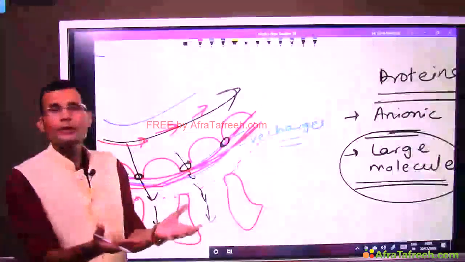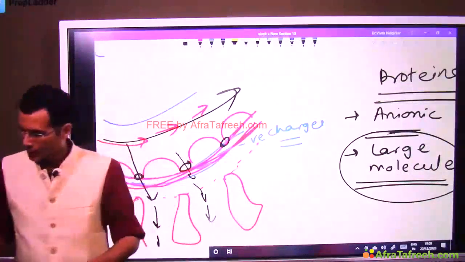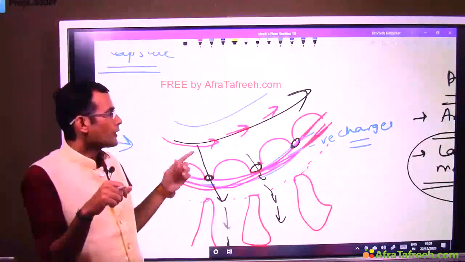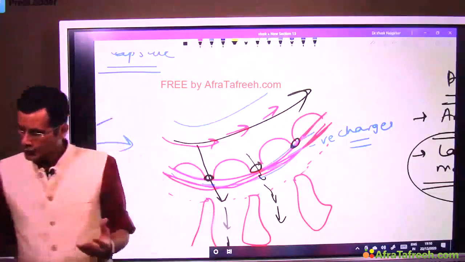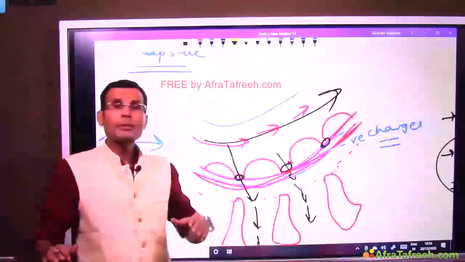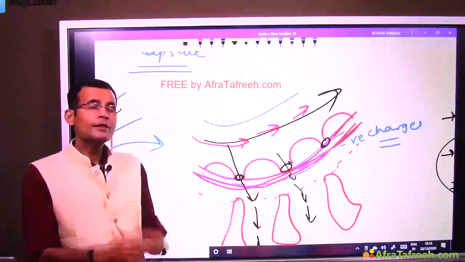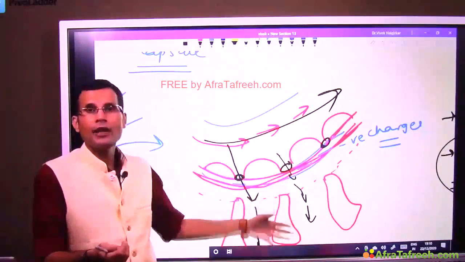That's how the proteins are not filtered, because of this filtration barrier. So that's one thing that I wanted to add in the context of the filtration and the filtration barrier. You will learn, for example, nephrotic syndrome. Nephrotic syndrome results from damage to this filtration slit diaphragm.